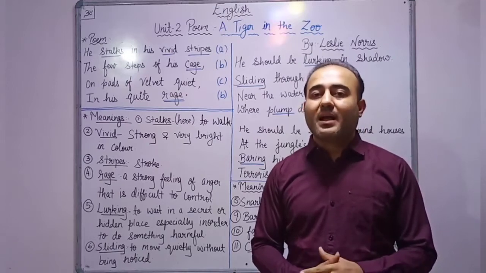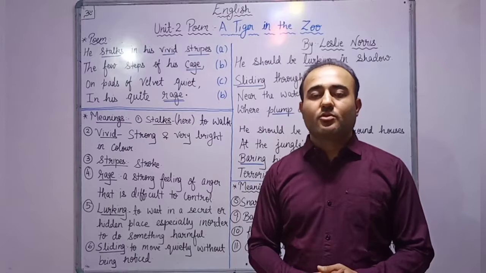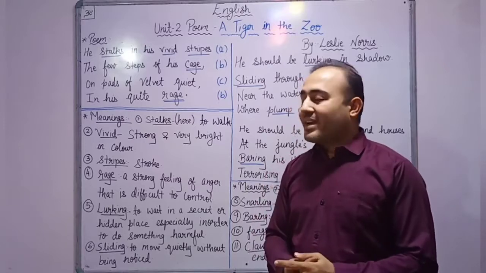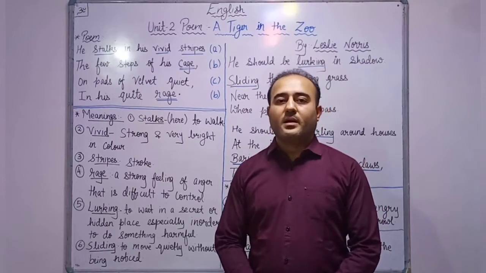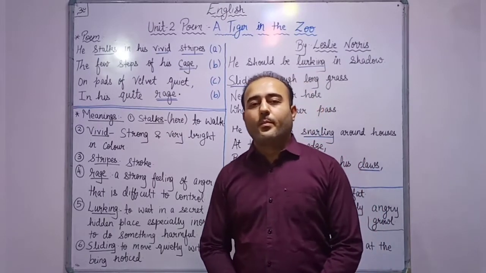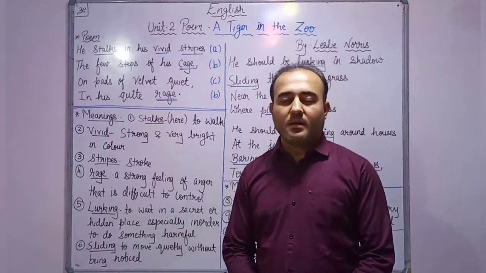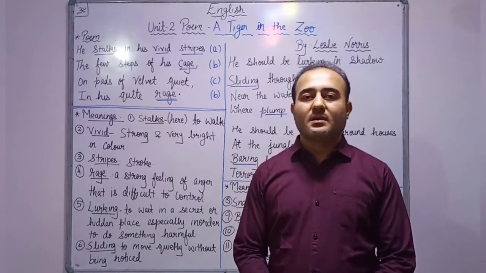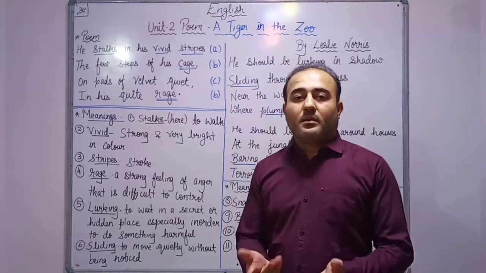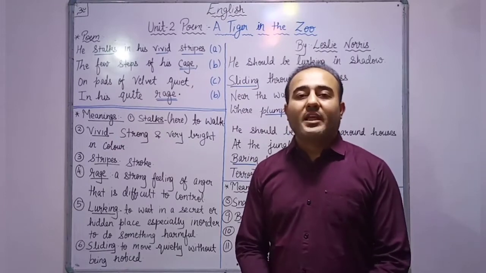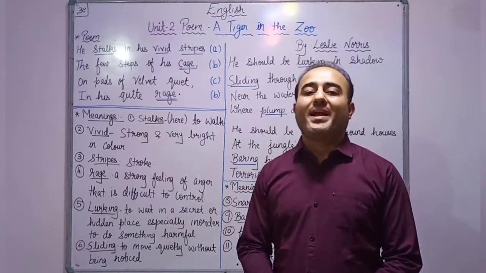So the tiger tries to control its anger. By seeing the tiger imprisoned in the cage, the poet is filled with pity. So the poet imagines another life for the tiger, that is the life of the tiger in its natural habitat, the wild forest.